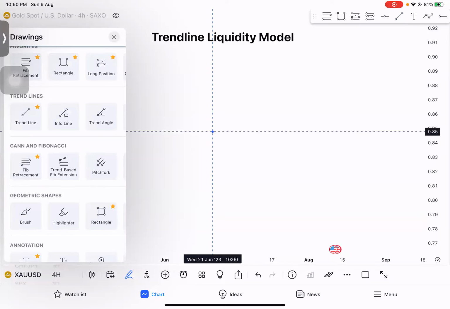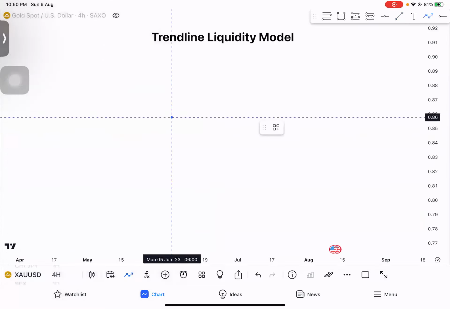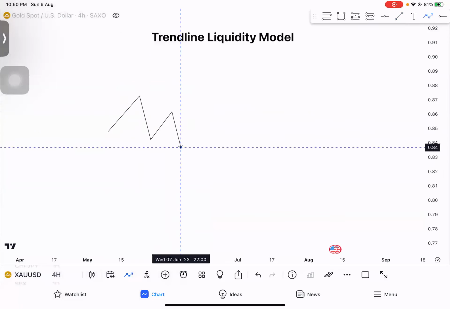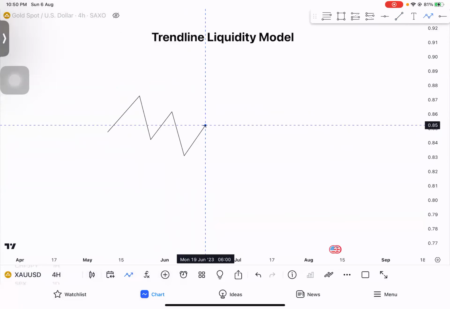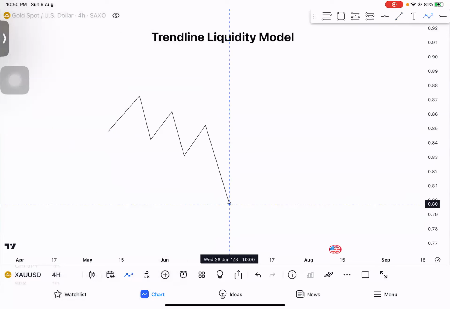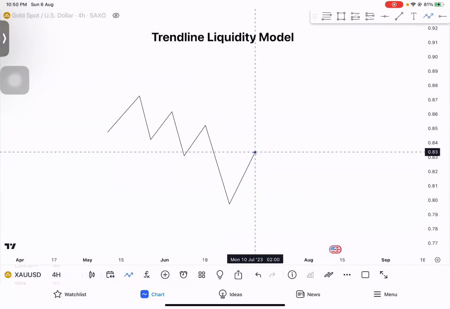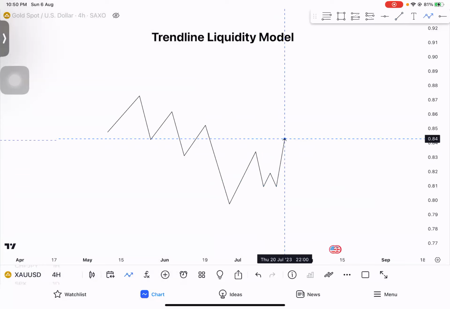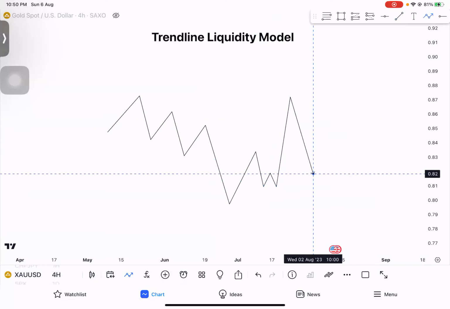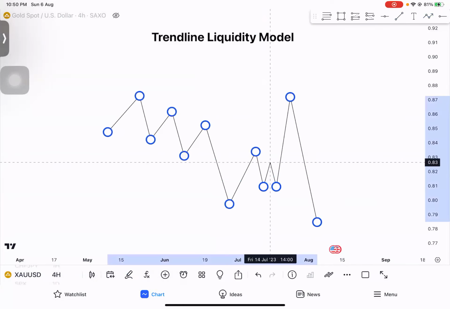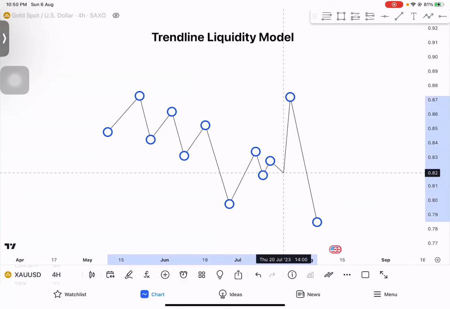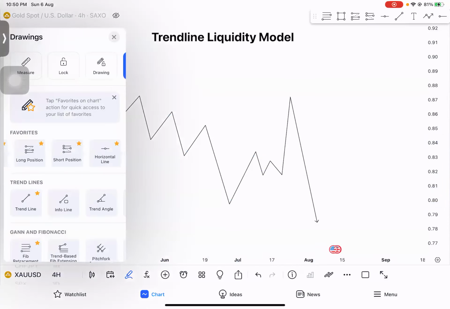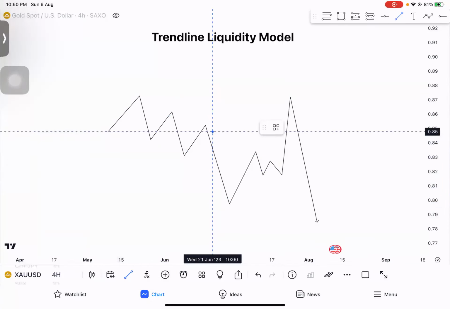When it's a downtrend, it will be something similar to this. Similarly, when you're using the trend line, it must have at least 3 touches.